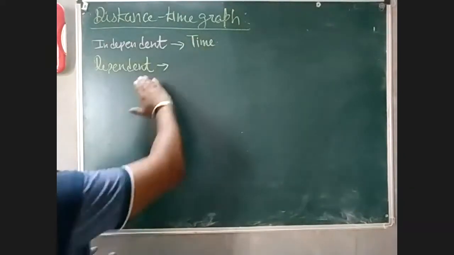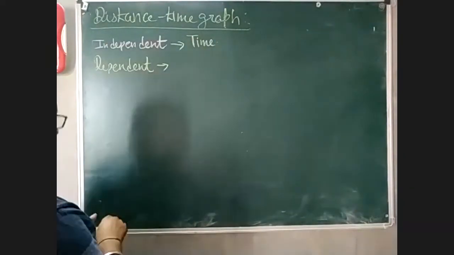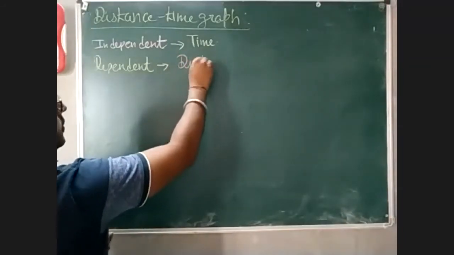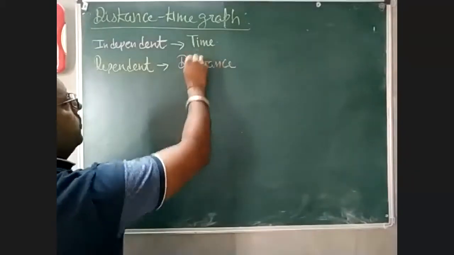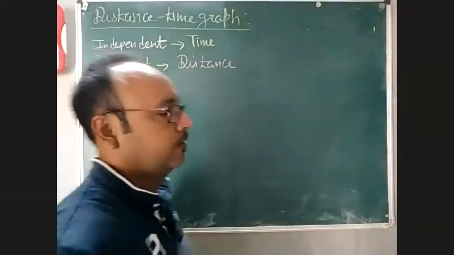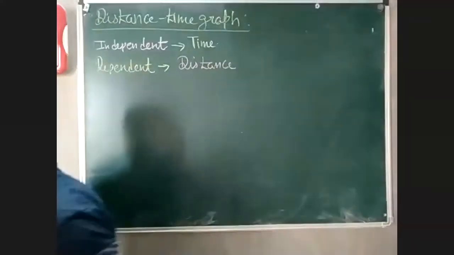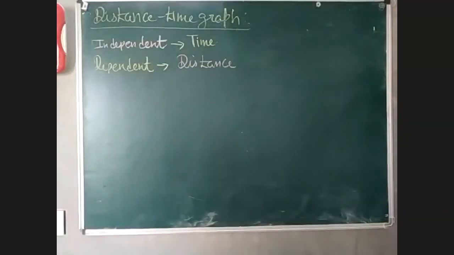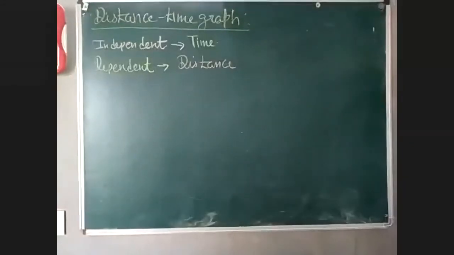Dependent means which depends upon this variable, and that is distance. Distance is a dependent variable because as time passes, the distance will also change, right? So that is the meaning of dependent and independent variable.